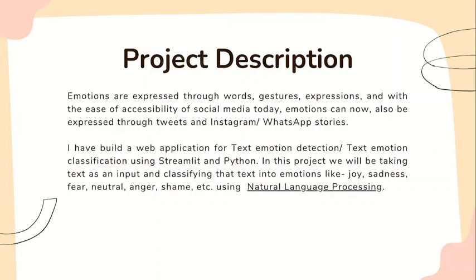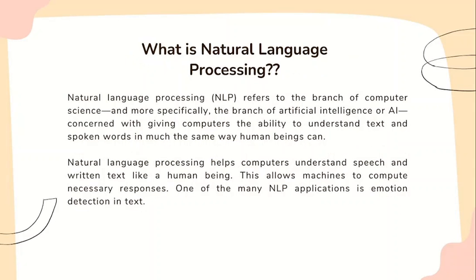using natural language processing. So now you might have a question, what is natural language processing? So let us see what is natural language processing. Natural language processing refers to the branch of computer science or artificial intelligence in which computers are given the ability to understand text and spoken words in much the same way as human beings can.